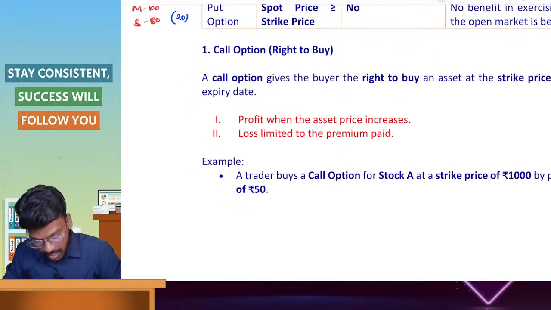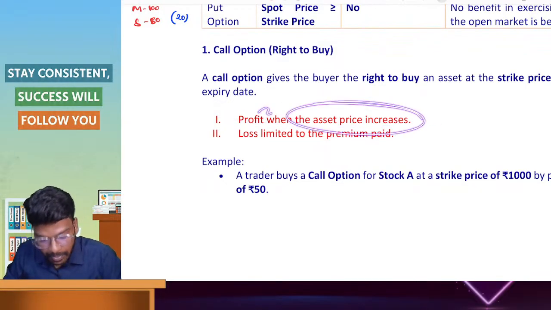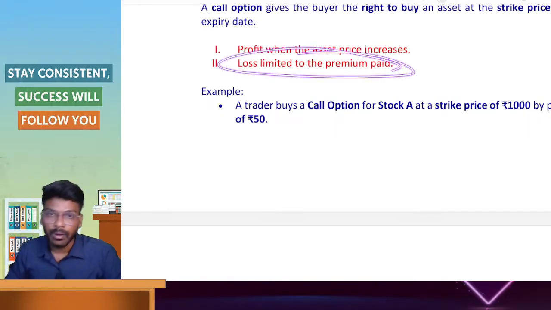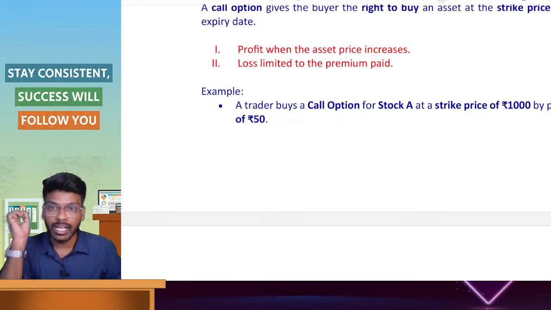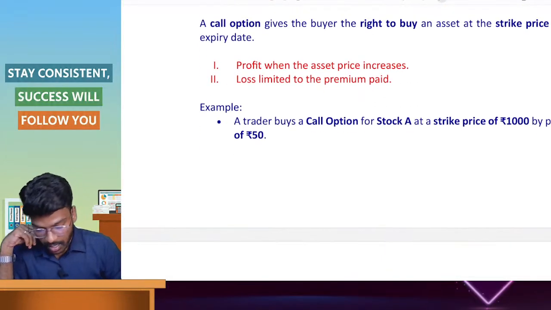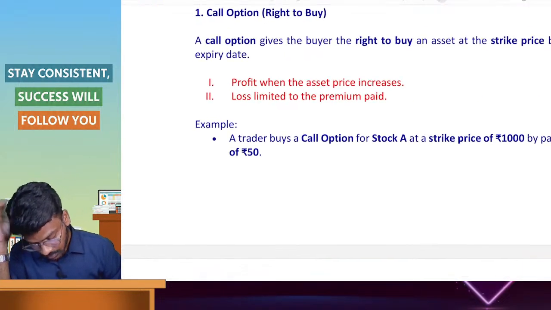In case of call option, profit arises only in case of asset prices increasing. Loss is limited to premium paid at the beginning of the contract. Okay, in case of options, loss is limited to premium amount paid to the option seller.